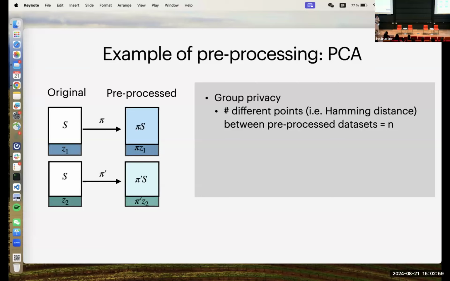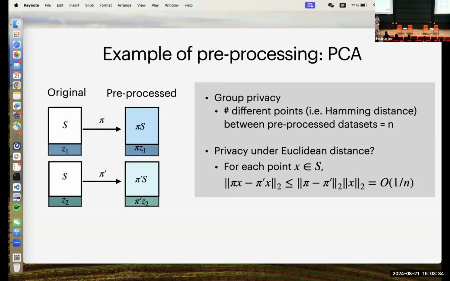The goal is to analyze the privacy of the whole pipeline, so you want to compare the Rényi divergence between the output distributions on these two preprocessed datasets. If we apply group privacy, we just count the number of different points in these two preprocessed datasets, which in this case can be as large as the size of the dataset n, which could be pretty bad.